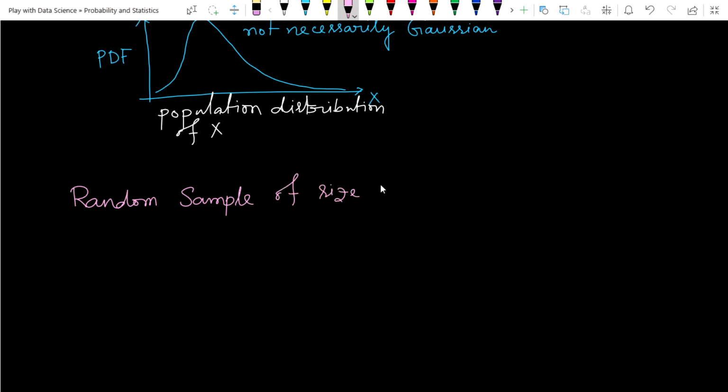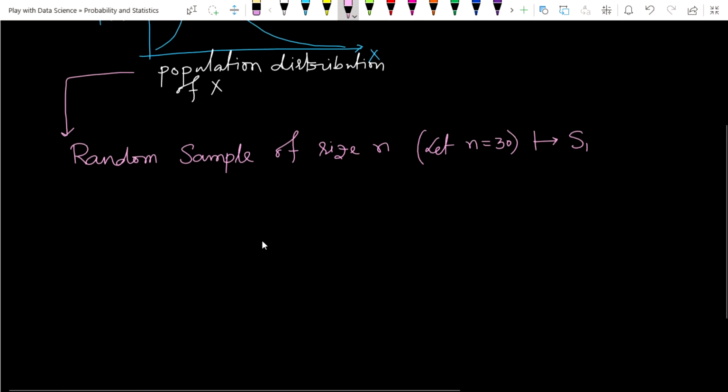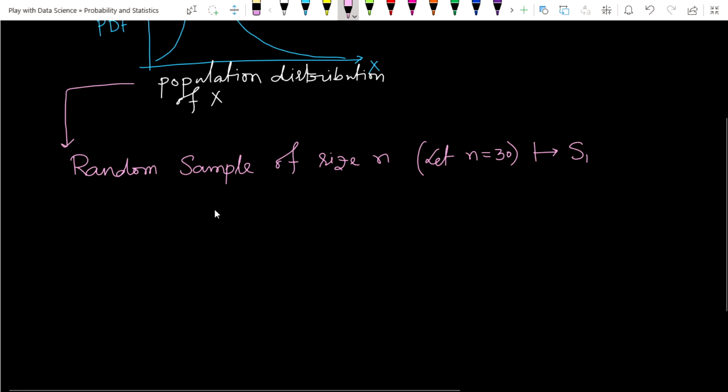For better understanding, let the size be n equals 30. Let this first sample be s1, and we will collect such samples m times.